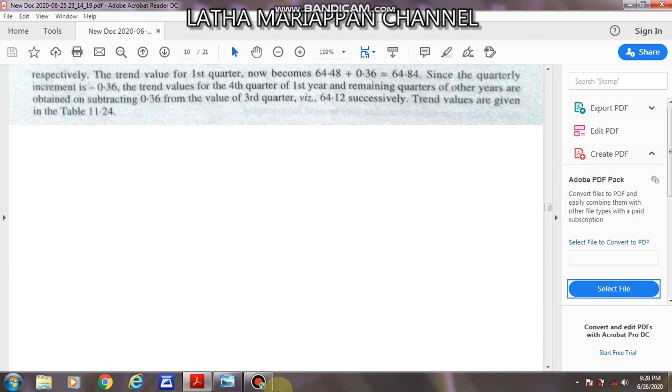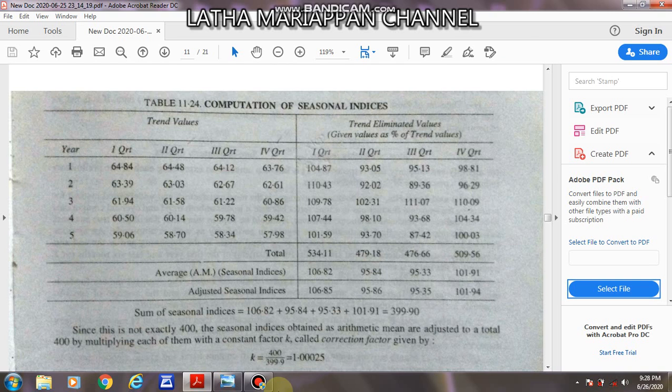We are going to find out the trend eliminated value. So here the first value is 64.84 and the given is 68. So 68 divided by 64.84 into 100, you will get 104.87. Okay, the given data, take down the given data.